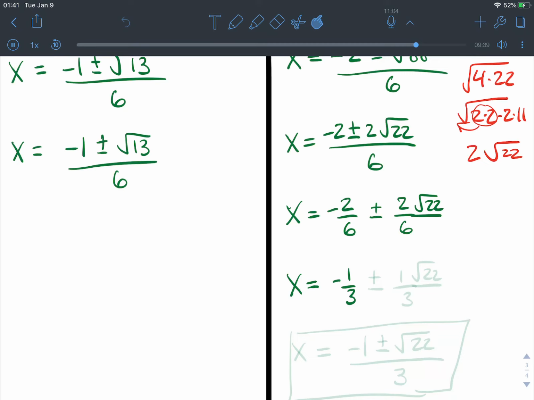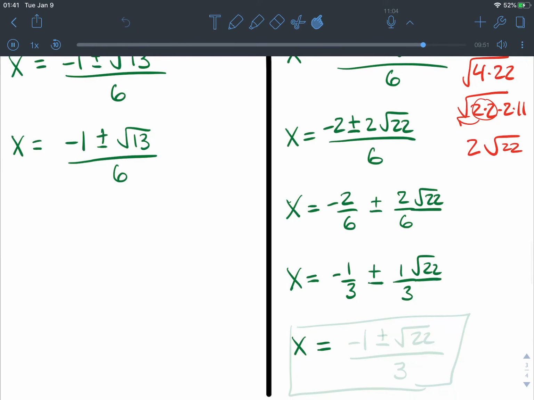It's tough. I'm not going to say it's not. And since it's ultimately the same denominator, we can actually put them back together. This would ultimately be your final answer.